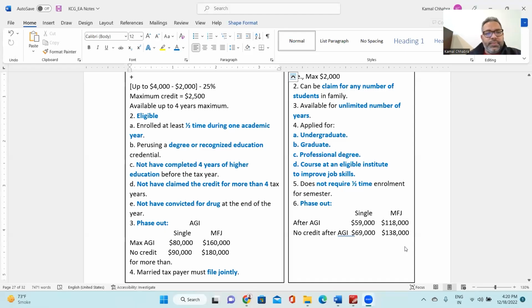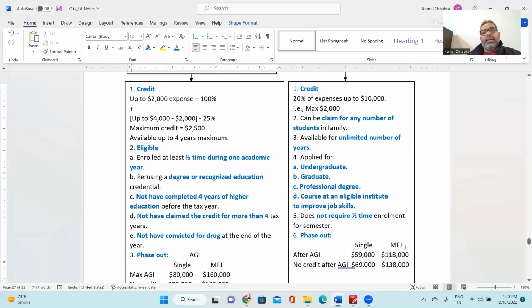So if you see here, the credit is up to $2,000, 100%. Are you all clear? Up to $2,000, everyone agrees, 100%. Then additional $2,000 up to $4,000 is 25%, on whatever is more than 2,000.